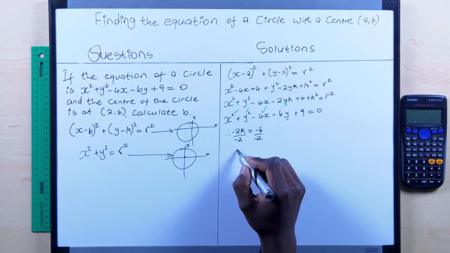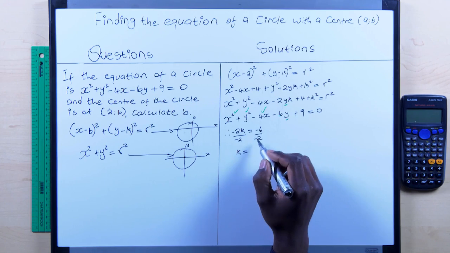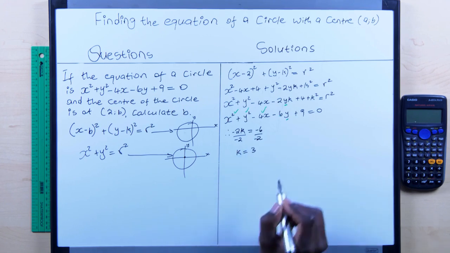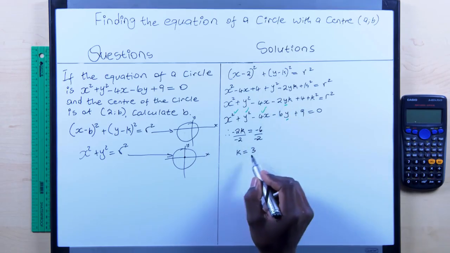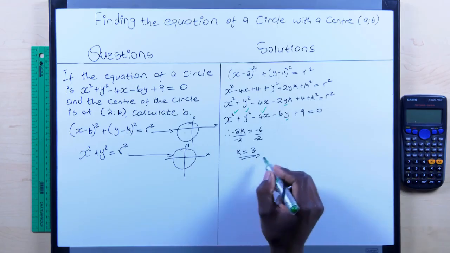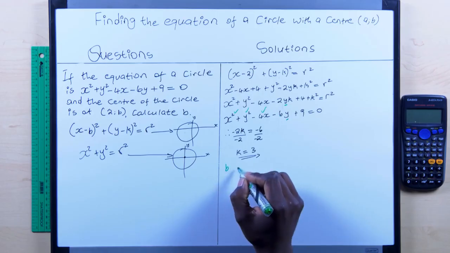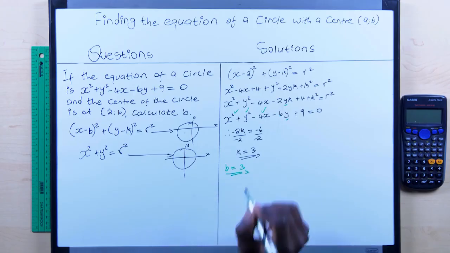Positive 1 times k gives me k, which is equal to negative 6 divided by negative 2, which gives me positive 3. So b is equal to 3. You have solved your equation and found the value of b.